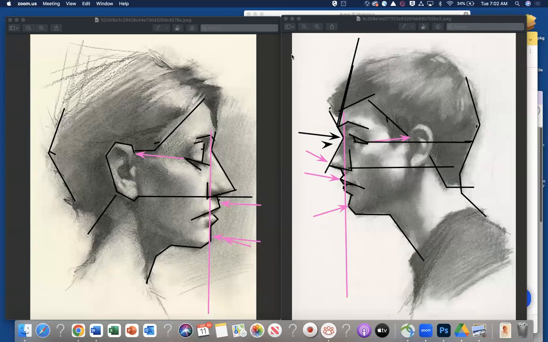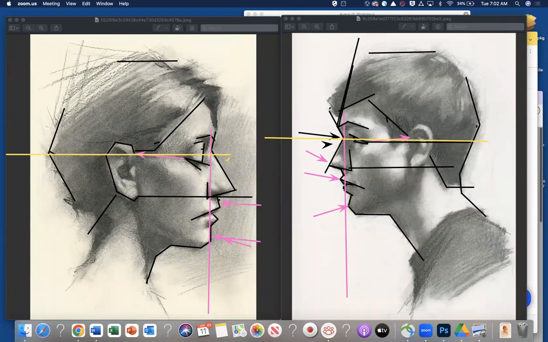Now, another major part is that the eyes are always in the middle of the head. If this is the top of the head, the eyes, which I'm going to make yellow here, are always in the center. So the eyeball right here. And if this is the top of the head, the eye, which is closed right now, is in the center of the head.